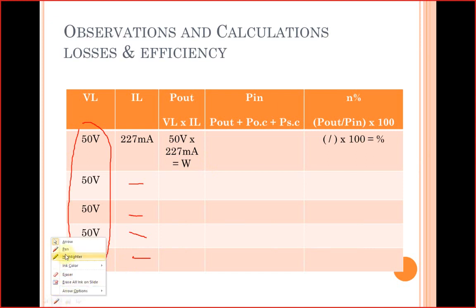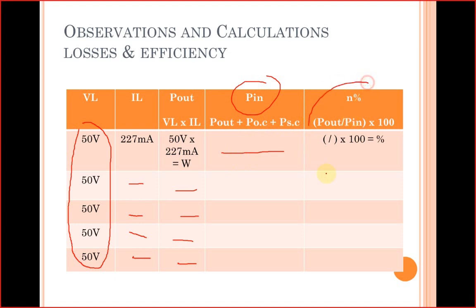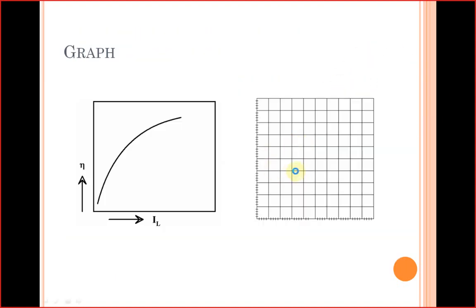From these currents we will have some output power, and then we will add this output power with open circuit losses and short circuit losses, and we will get the input power, and then we will calculate the efficiency. Okay, and then graph.